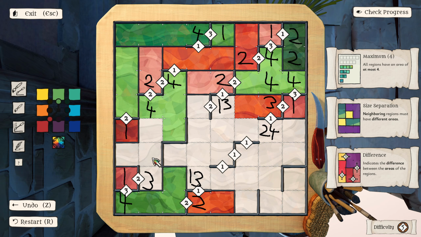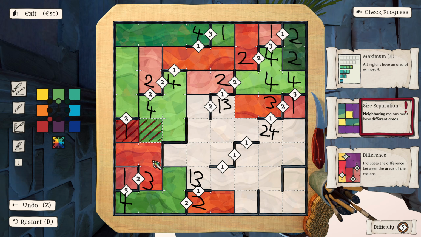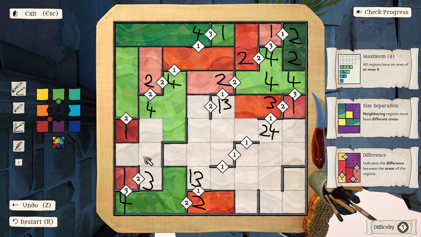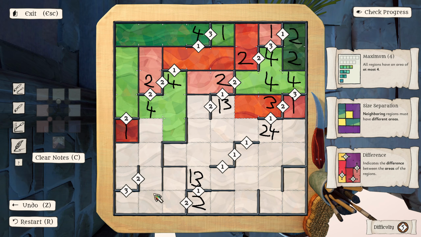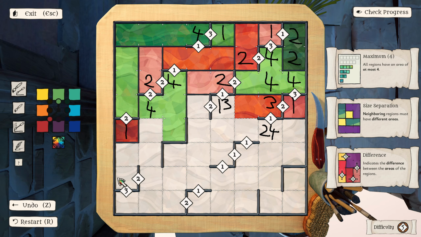I don't like that. I do not like that, because that 3 leaves a 1 there, and that 3 leaves a 1 there, so I've gone wrong somewhere. That's no fun. So this 4 had to come over.